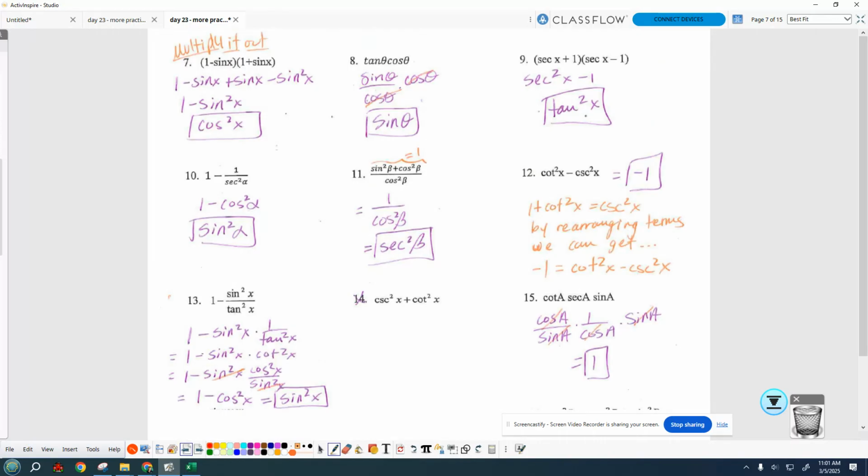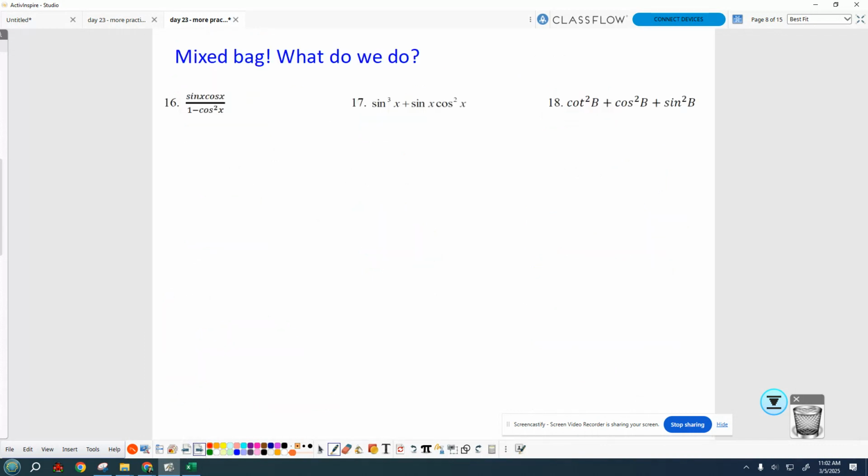William, which one are you working on? Identity, sine squared plus cosine squared. It's written on the front.